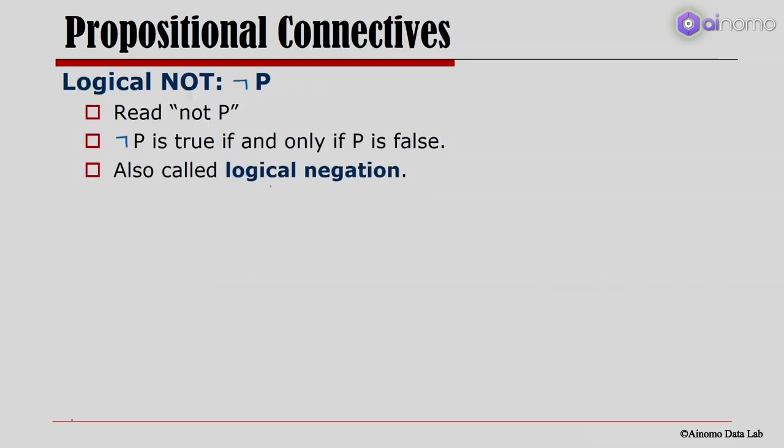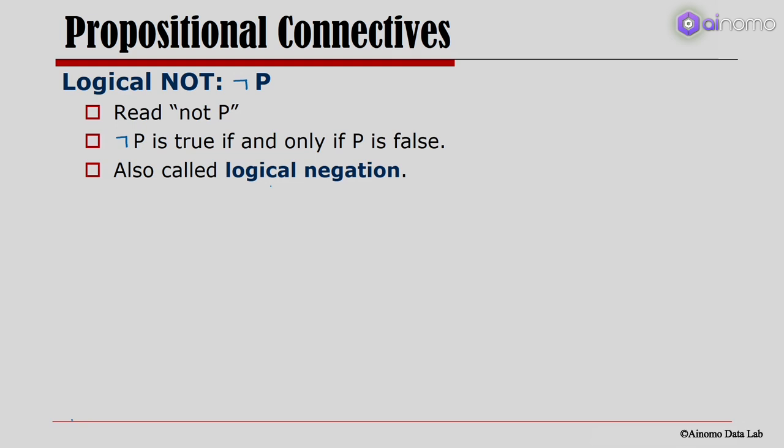Let us now look at the propositional connectives. We will first focus on the three logical connectives. The first one of them is the logical not, read as not P. Not P is true if and only if P is false.